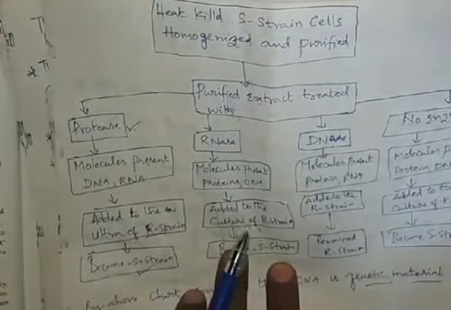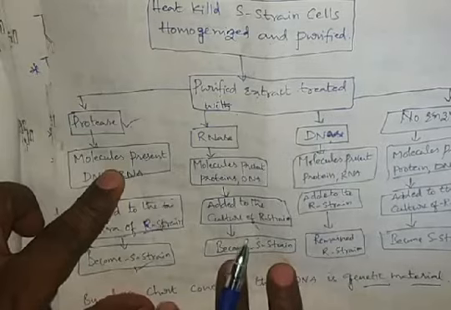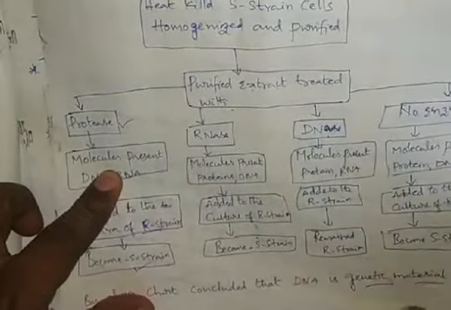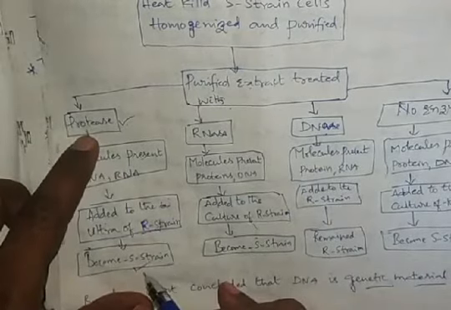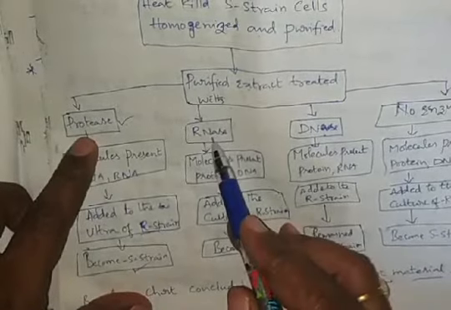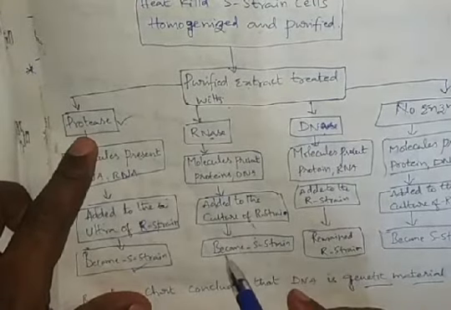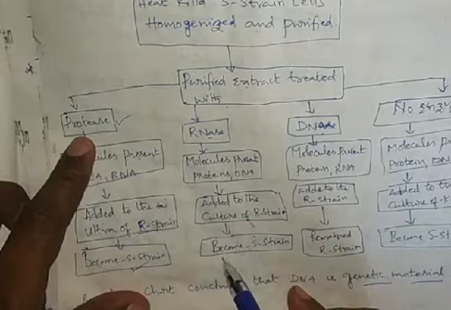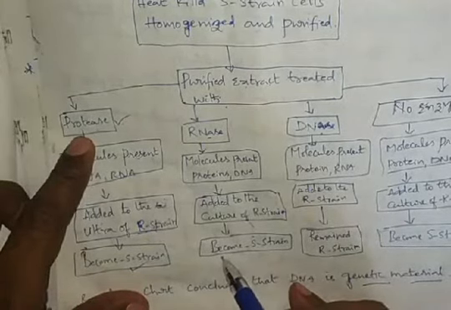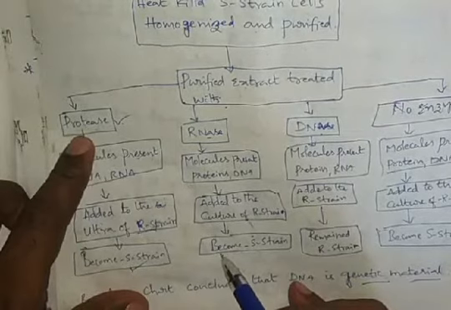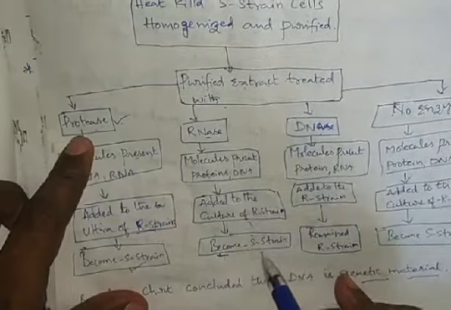Then protein is not responsible for the transformation. Even in the absence of the protein, the transformation takes place. Now RNase is added to the culture medium. RNase digests the RNA, so even in the absence of RNA, the R strain is converted into S strain.